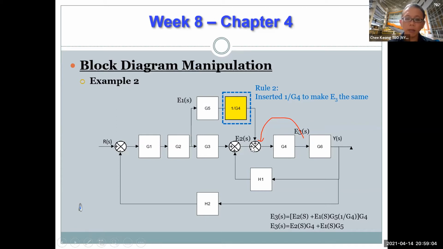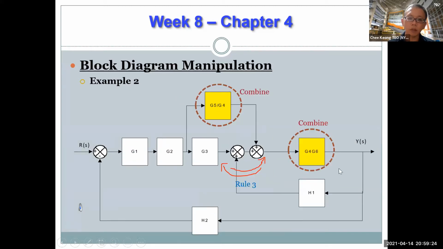And another thing is you can swap the summing node, because swapping of summing nodes has no consequences and no change. So basically, two steps can evolve in the next slide. Swapping of the summing node and then combining of these two. And these two also can combine, because G5 times 1 over G4 becomes G5 over G4, right? Next, we can combine G5 and 1 over G4. Similarly, we can also combine G4 and G6.